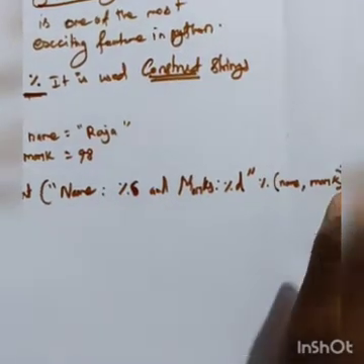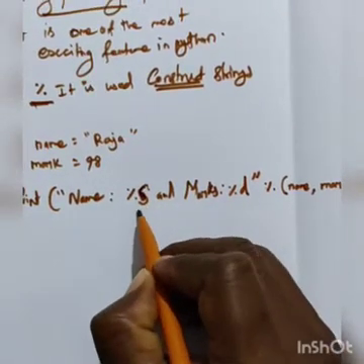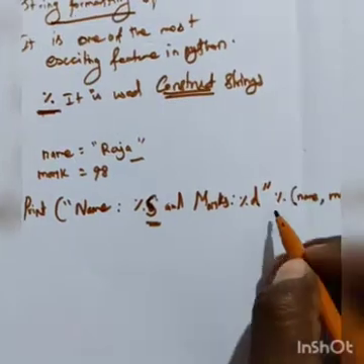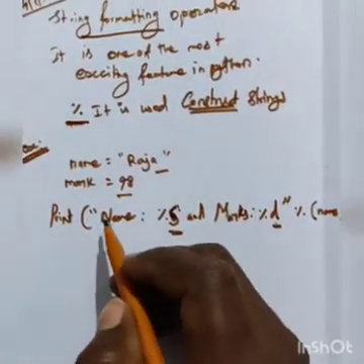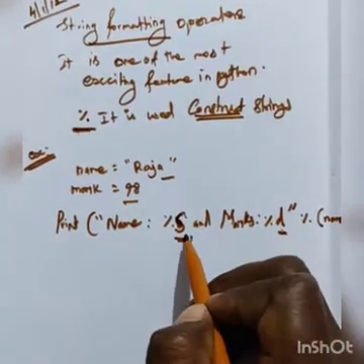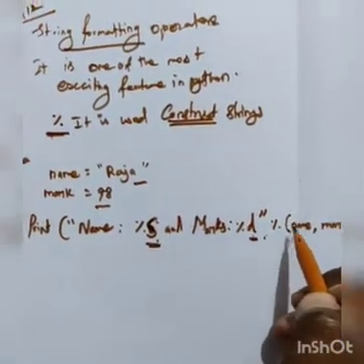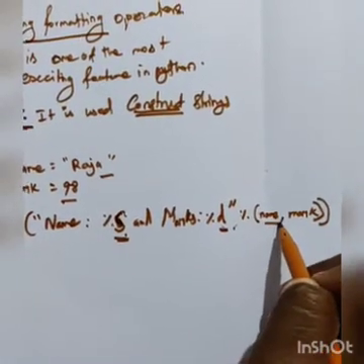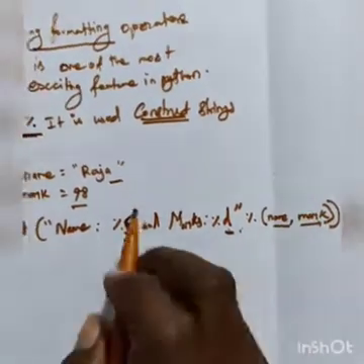Sir, here I gave s because name is a string. Here I gave d because this is a number. So here it prints name, and here it prints mark. Both name and mark get printed in their places.